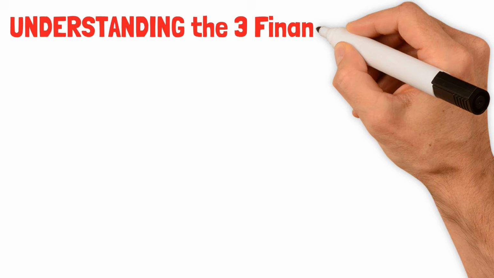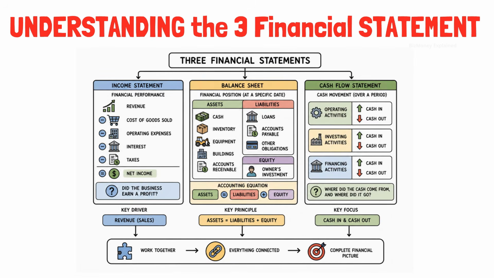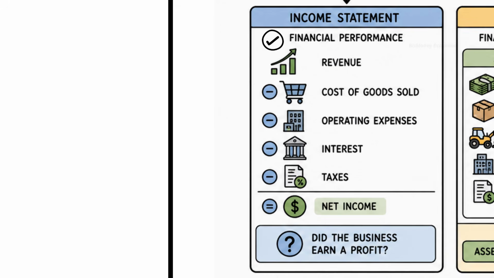Understanding the three financial statements. Before building a financial model, it's important to understand the role of each financial statement because every part of the model depends on them working together. The income statement measures a company's financial performance over a specific period.